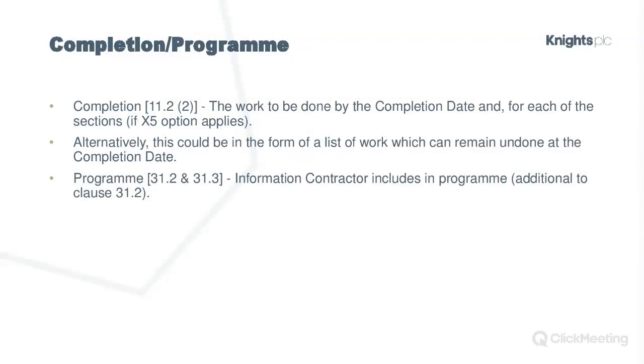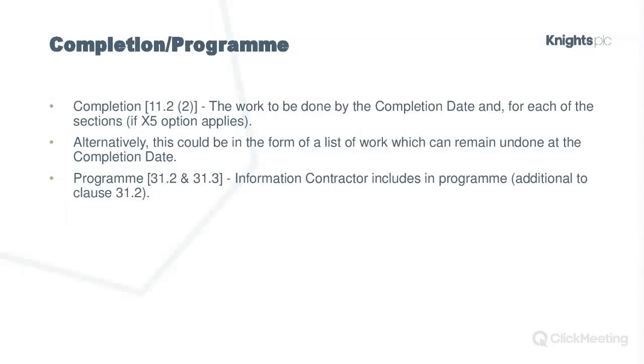That's quite important, and it could be very important for specific types of work. And in addition, what the works information could say is that there's a list of works that can remain incomplete when you get your completion certificate.